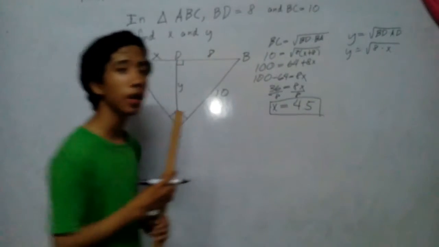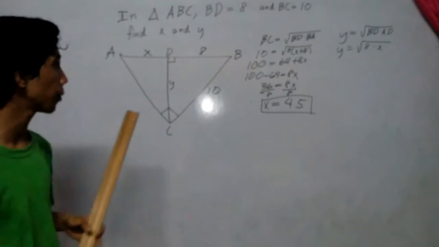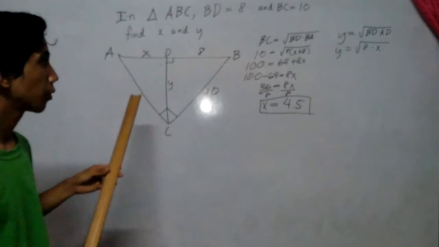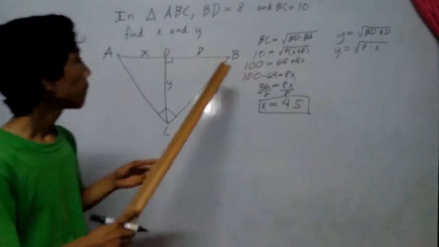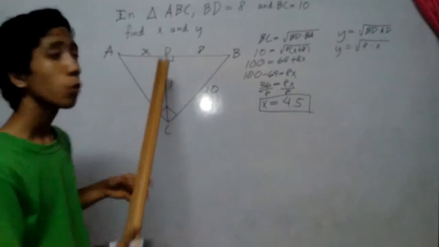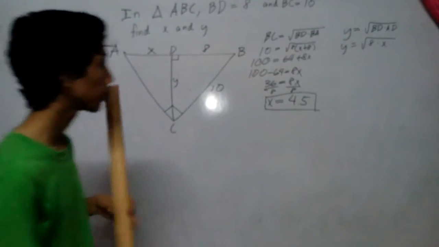Now, given the value of x, we can now solve for the altitude drawn to the hypotenuse. Now, y is the altitude drawn to the hypotenuse. By putting it in an equation, y would be equal to the square root of BD and AB, which are the segments formed by dropping an altitude to the hypotenuse.